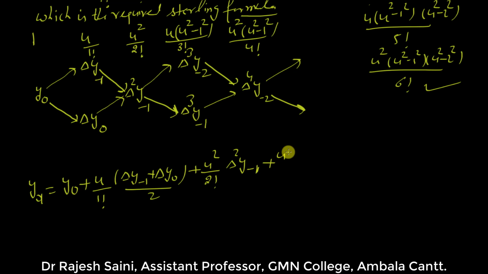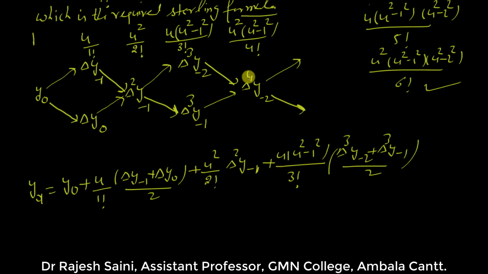Now plus u square minus 1 square divided by 3 factorial. It will be delta cube y minus 2 plus delta cube y minus 1, divided by 2, the mean of these two, and plus u square minus 1 square divided by 4 factorial into delta 4 y minus 2, and so on.